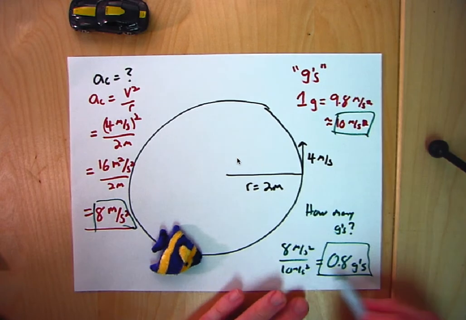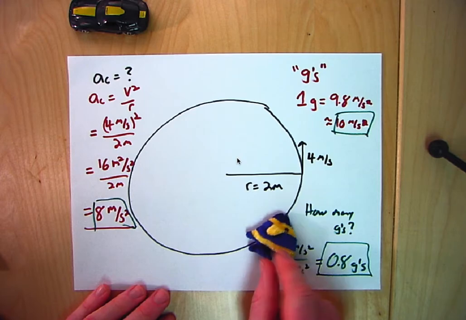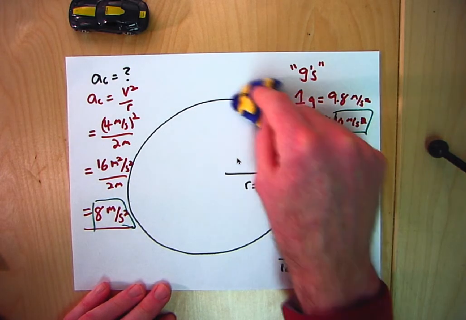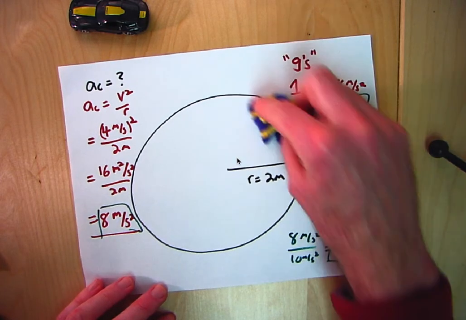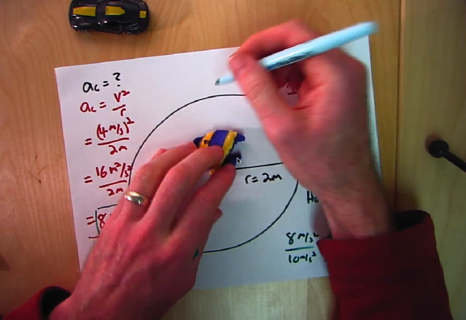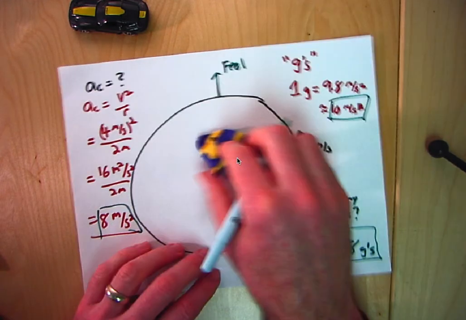So we like to express things in terms of g's sometimes. What that tells you is that if you're experiencing 1 g of centripetal acceleration, then it's going to feel like, remember, you're feeling this centrifugal force pulling you to the outside. You feel this fake force pulling you to the outside.